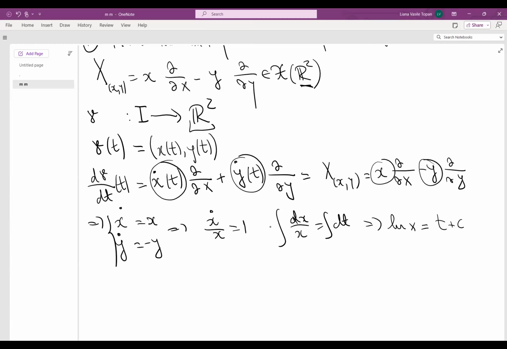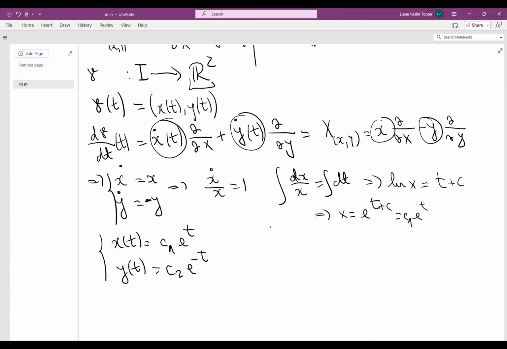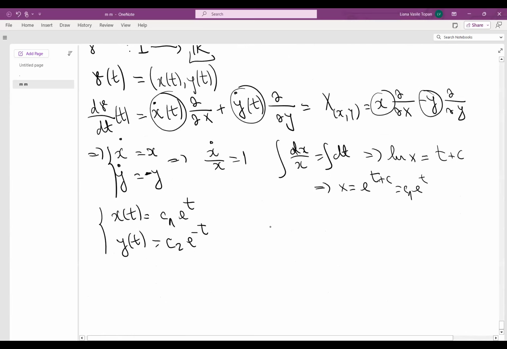And then this means that x is the exponential of t plus c, which means the exponential of t times the exponential of c, which is some constant c1, right? And similarly, x of t is some constant times the exponential of t, and y of t, because of the minus, we'll get an exponential of negative t. So what is our integral curve gamma of t?